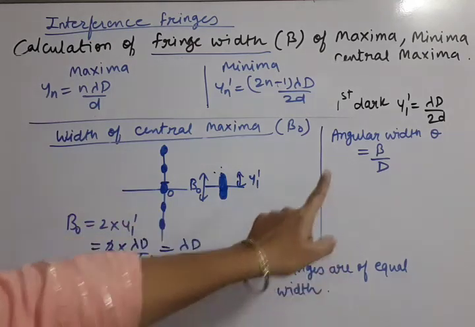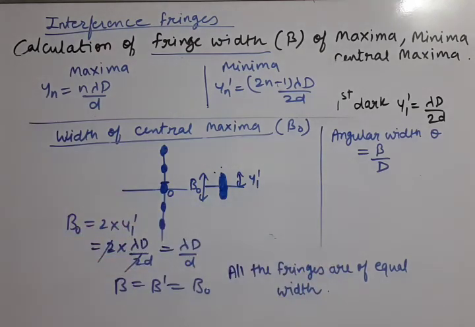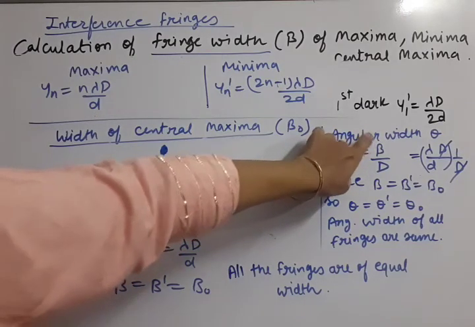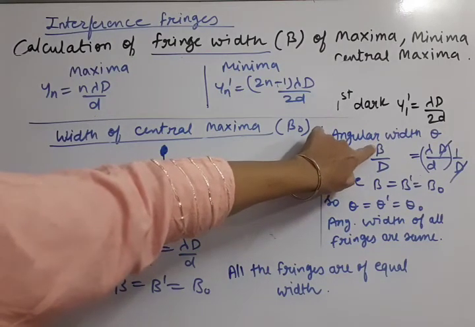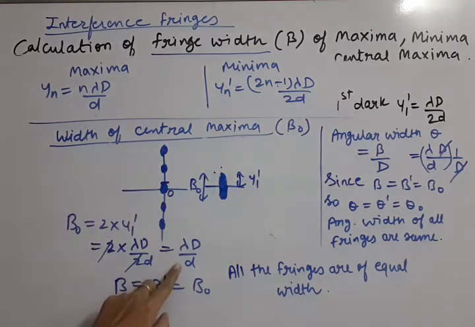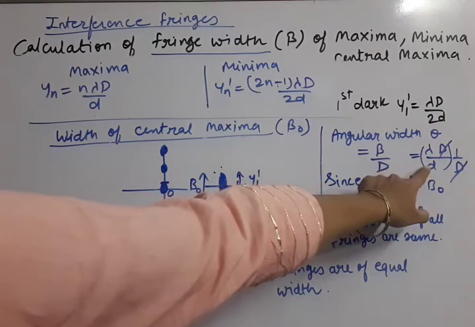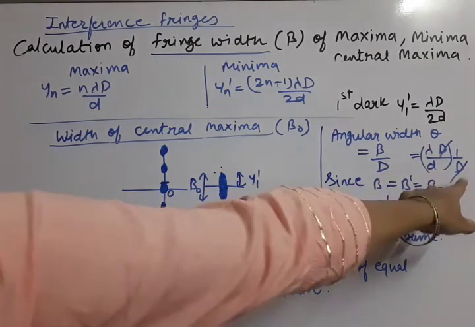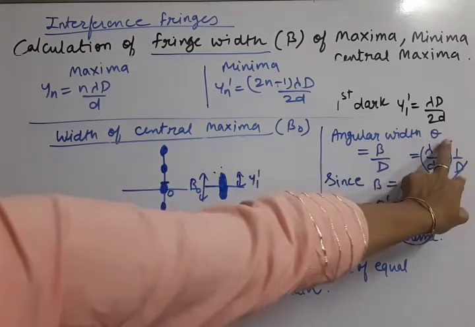So how to do the angular width equal proof? Beta by D. Now we know that all the betas are same. So all the beta formulas are lambda capital D by small d. So lambda capital D by small d will put here for beta, and capital D is already in the denominator. So this capital D will get cancelled.